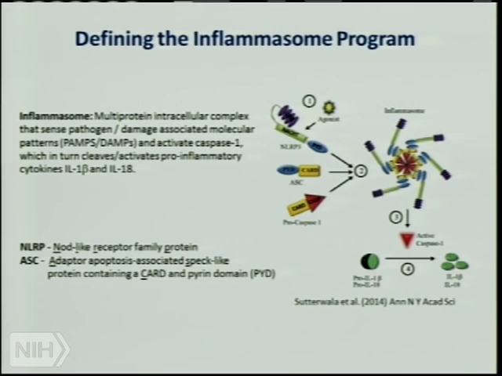The second protein involved is the adapter, apoptosis-associated speck-like protein with a CARD domain, so that's ASC. Here you see NLRP3 with the ASC domain and caspase. They form this multi-protein complex, which enables the activation of caspase for the cleavage of pro-IL-1 and IL-18 to produce the cytokines that drive that cascade.